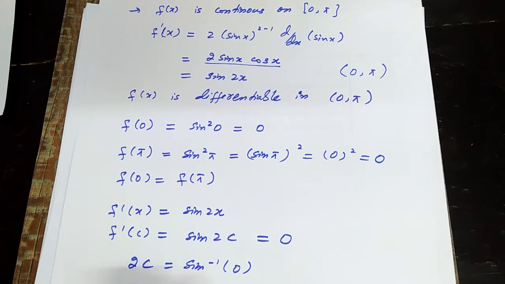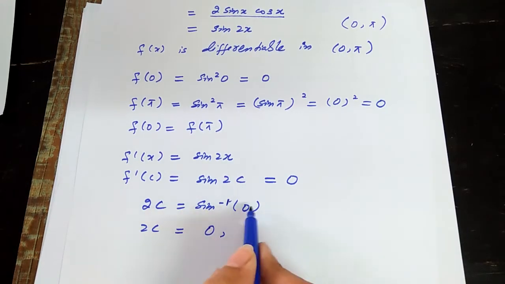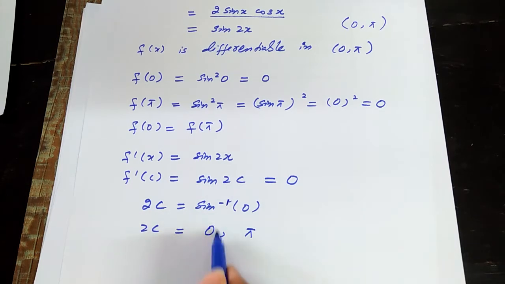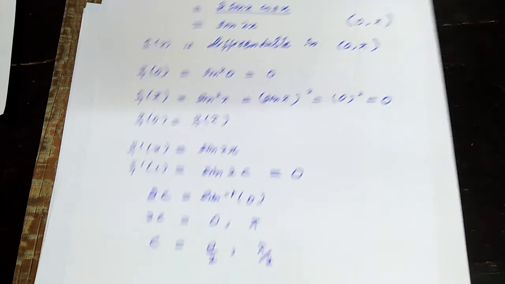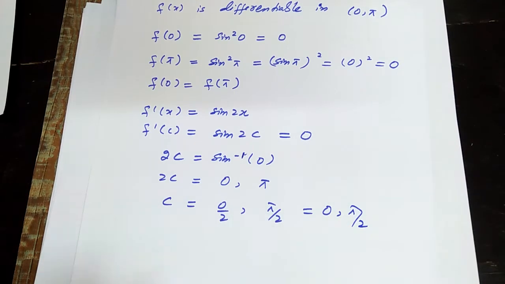So you'll get 2c equals 0 and pi, because you can directly calculate it using your calculator, but also you know very well that sine is 0 at 0 and pi. Now c will be equal to 0 over 2 and pi over 2. So you will get here 0 and pi by 2.